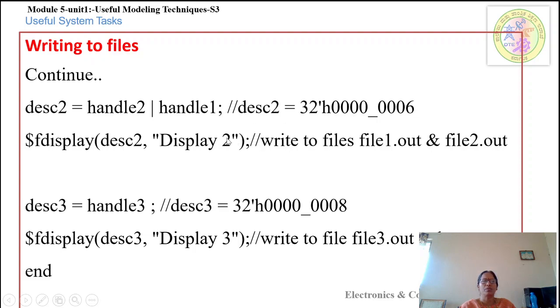So the display 2 string is written to file1.out and file2.out. And when you use descriptor 3, handle 3, it will write onto the 8th channel, that means file3.out only.